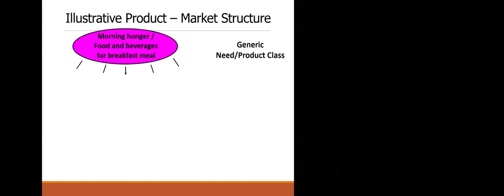Likewise, the products that serve a mass market are vastly different than the products that serve segments, the products that serve niches, and the products that serve one-to-one customers. So we're going to do a couple of examples. And again, I'm not going to spend a lot of time on this because it's really just background information that will help you in this project.